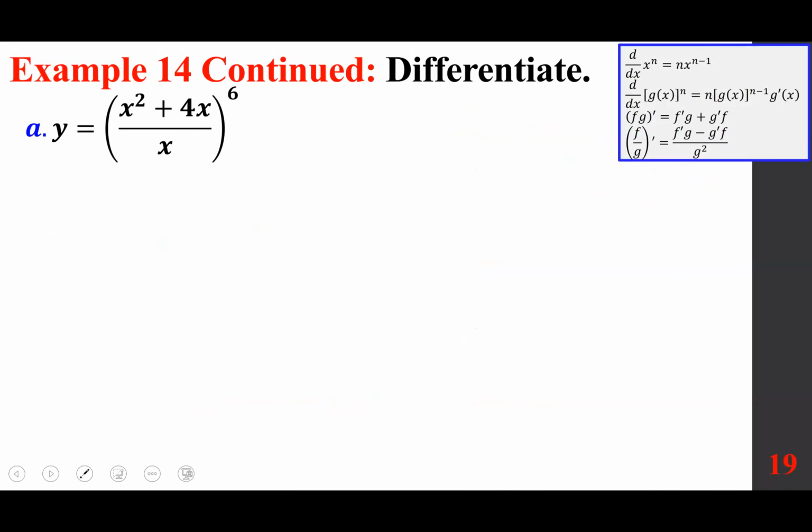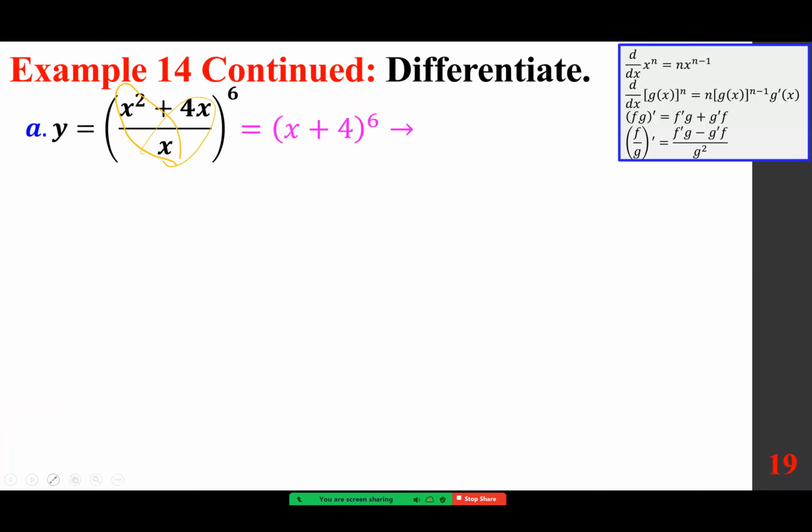As always, anytime you have a fraction, you're going to ask yourself, can I simplify it? So as you notice, this gives you x. So we make up two fractions, and this gives you 4. And now we can use the extended power rule on that, which becomes 6 times the same thing to the power of 5 times 1.